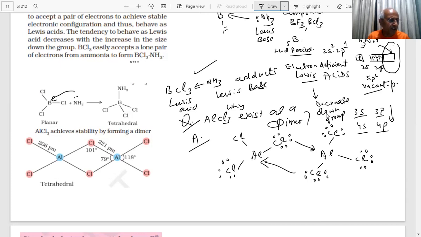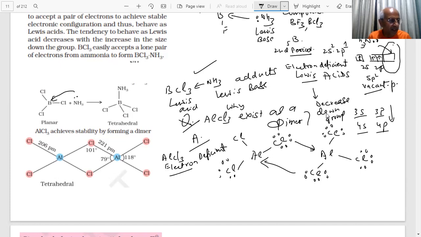Vacant orbital, student. Therefore, in the trivalent oxidation state, as you can see, AlCl3 will achieve stability. What we are saying, student, AlCl3 is electron deficient.